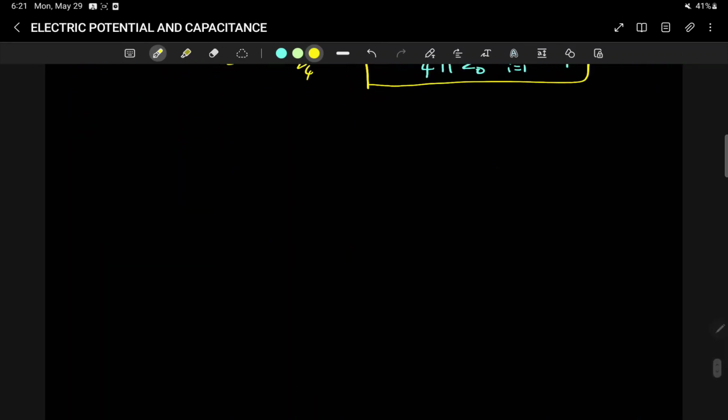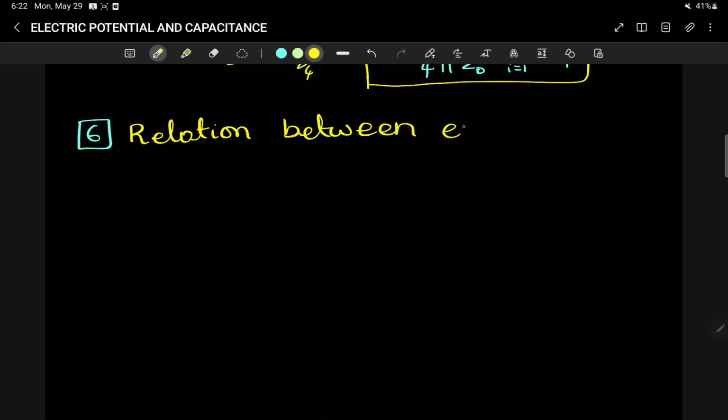Next, formula number 6: relation between electric field and electric potential.